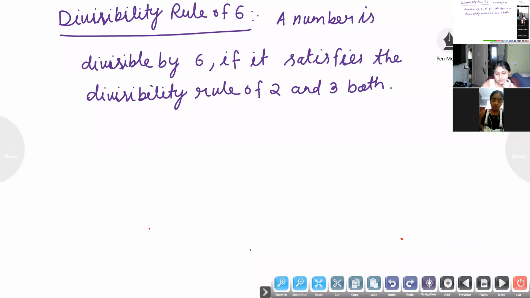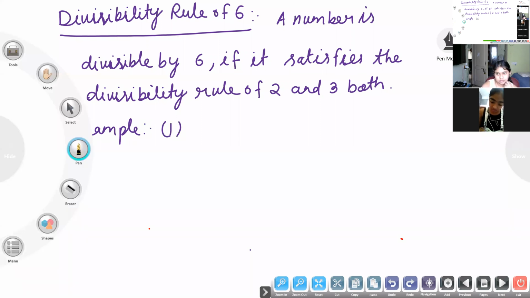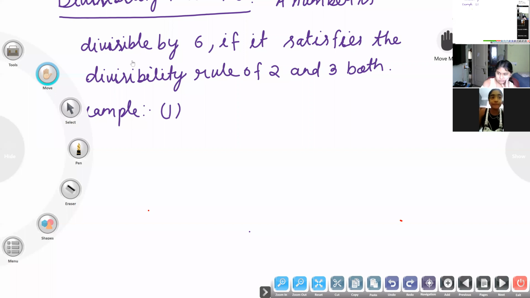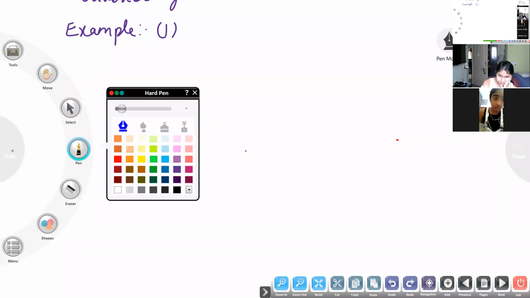Example. Already I explained these examples yesterday only. Note down first example, 240.